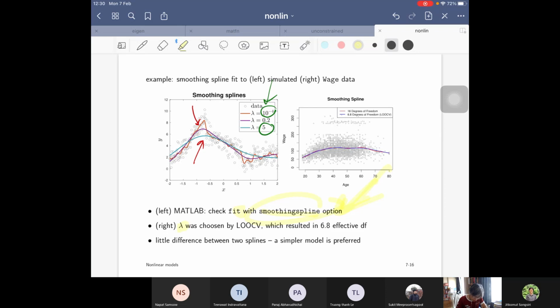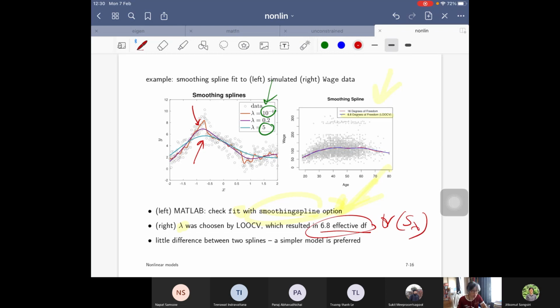On the right hand side, this is a figure from the ISLR book. Two smoothing splines: the blue one is the one where lambda is chosen from leave-one-out cross validation. With that value of lambda, you can compute the effective degrees of freedom, just like we saw before.